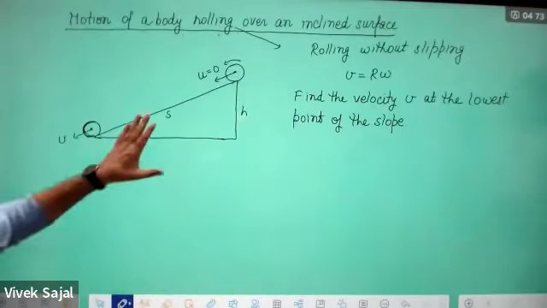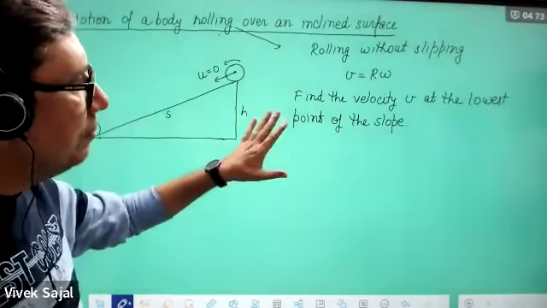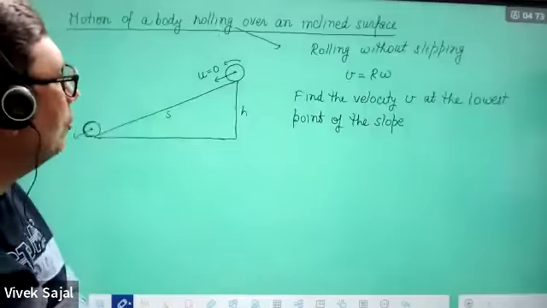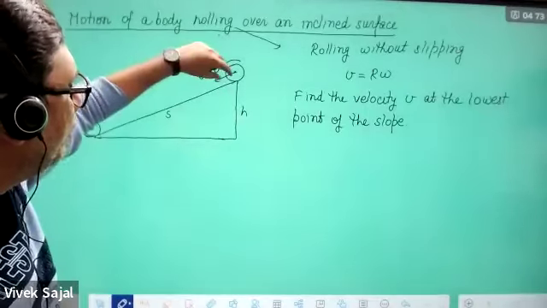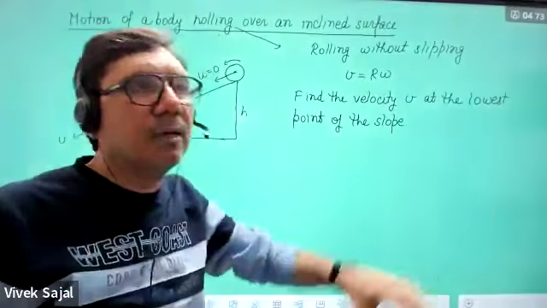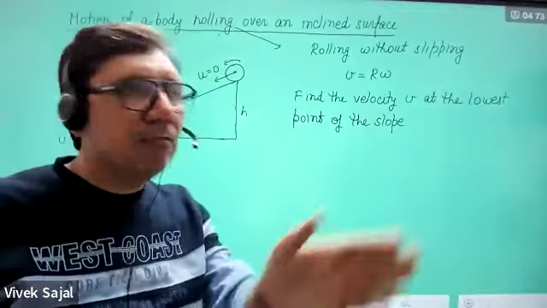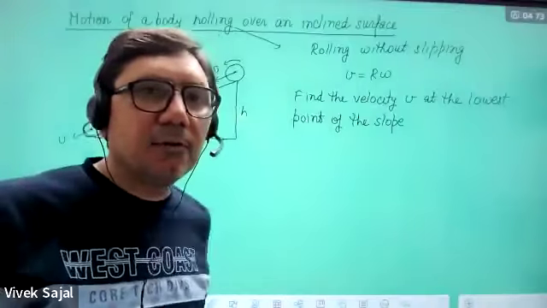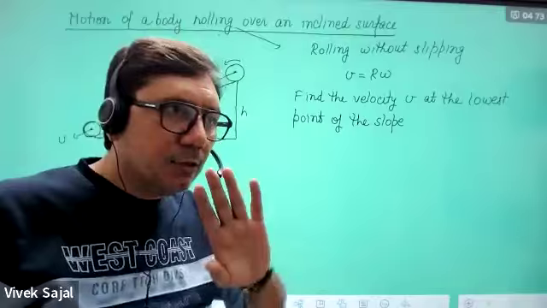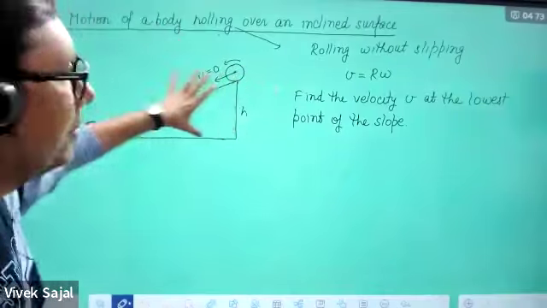Try to understand here. This question is very easy to solve. Conservation of energy will be there. I have told you that if this surface is frictional, this friction force is not going to do any work. You don't have to do any work against the friction force. So energy is not going to be lost; energy will be conserved.